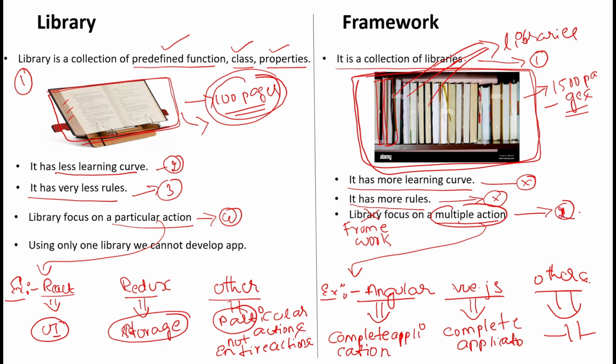So therefore, finally, it is a bad point, not a good point. Okay. So one, two, three, four. The library has four positive points and the framework has two positive points, right? Then should I choose library or framework?